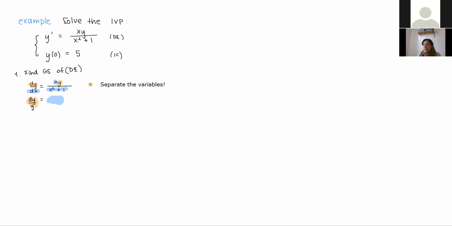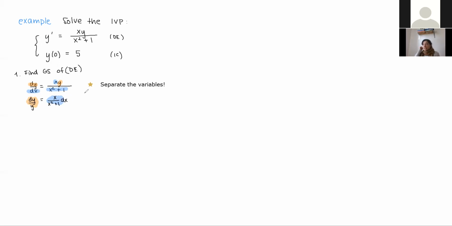Then I still have x over x squared plus 1 that has to stay on the right-hand side, and I'm multiplying by the dx.